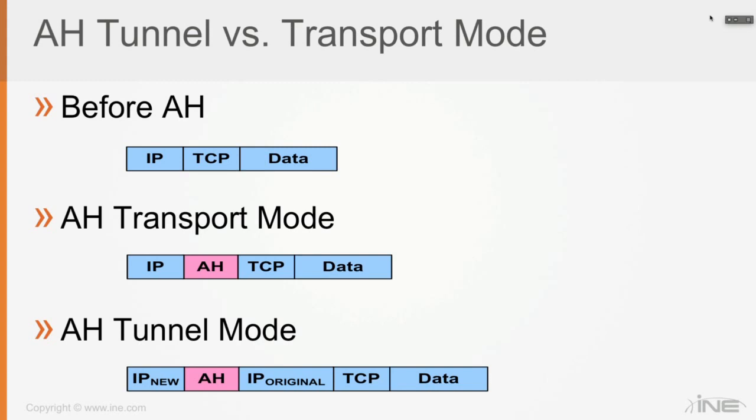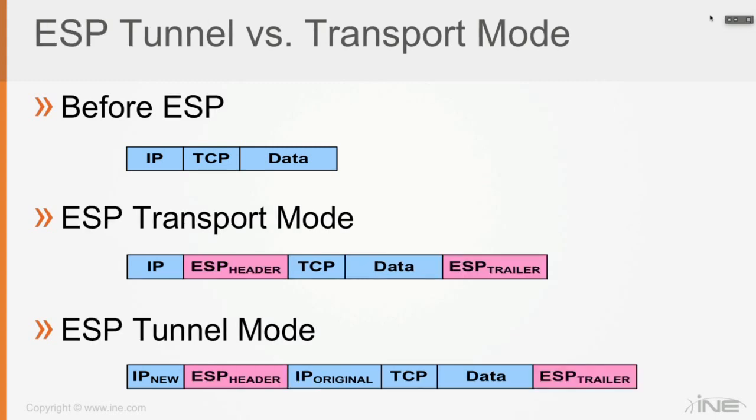In tunnel mode, we of course add a new IP header, and then AH is going to be encapsulating the original IP header in there. Likewise, ESP is the same thing, only that ESP, because it also offers encryption, is going to have both a header and a trailer. But otherwise, both of them work the same way in transport and tunnel mode. In transport mode, they preserve the original IP header. In tunnel mode, they add a new IP header.